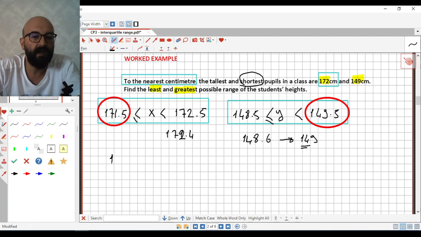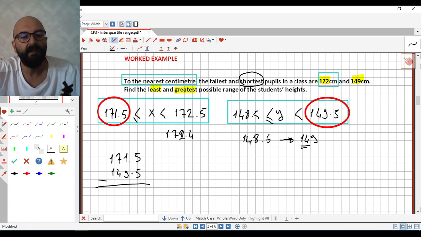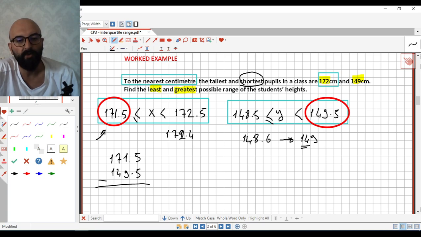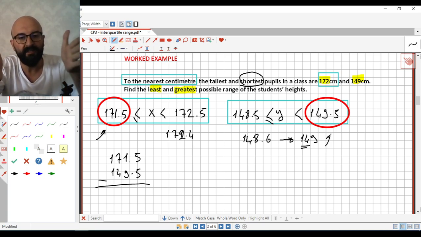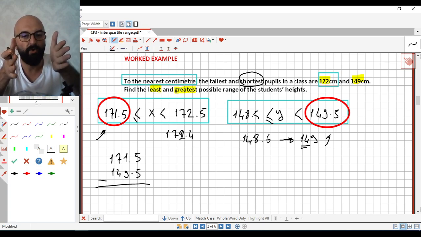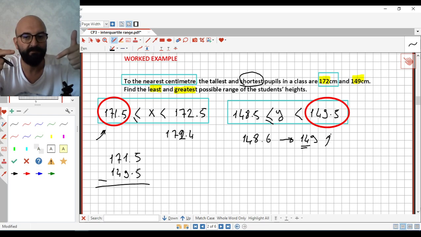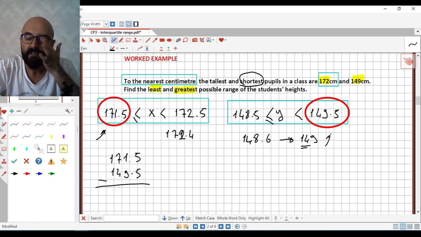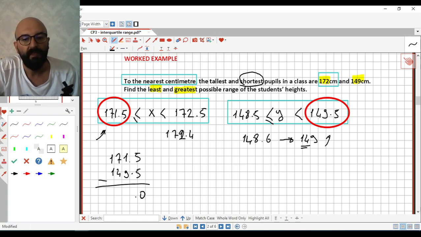So if I get these values, their values are very near, and if the gap is small, the possible range becomes the least, and it should be 22.